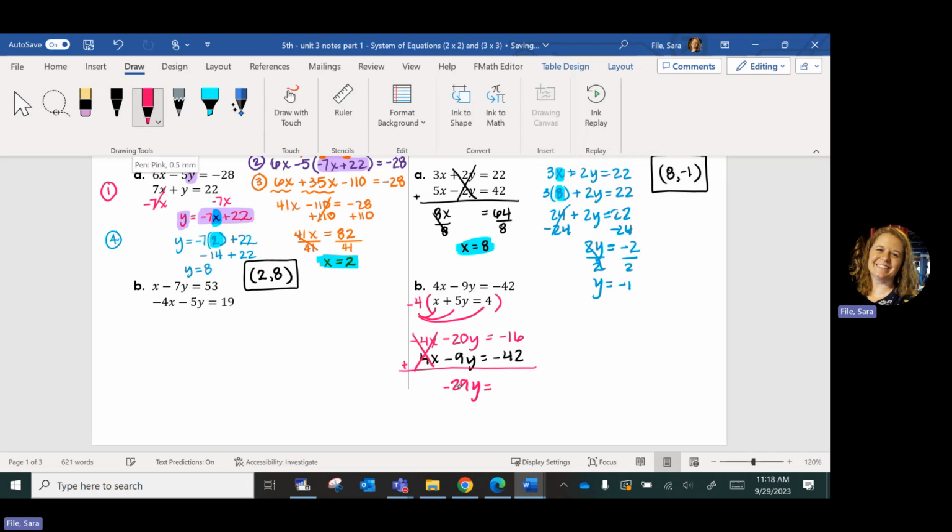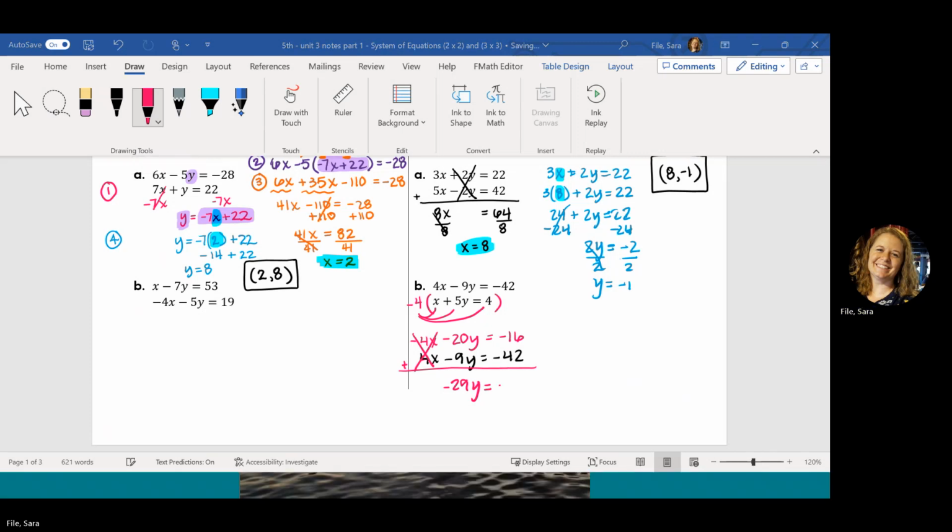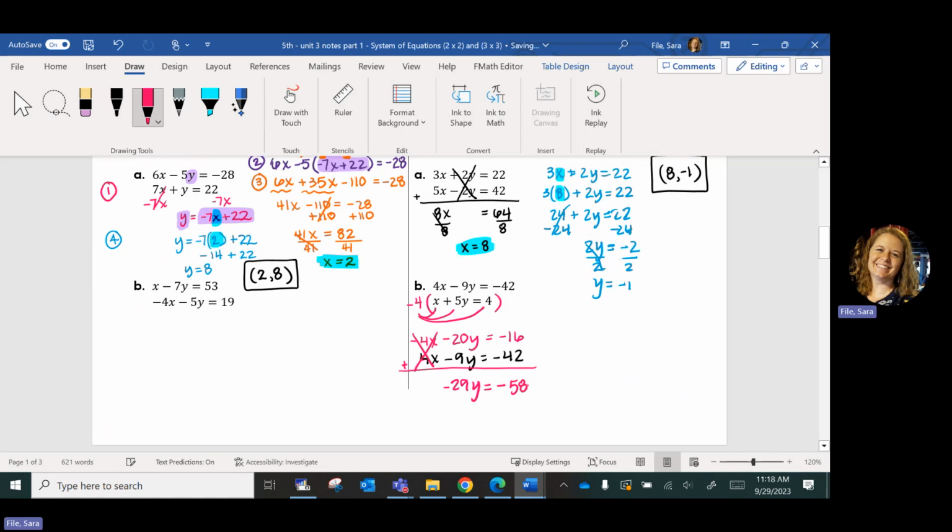So when I add those together, I get -29y, and that's going to equal -58. So now how do I solve for y? Good. So divide out your coefficient. So I get +2.